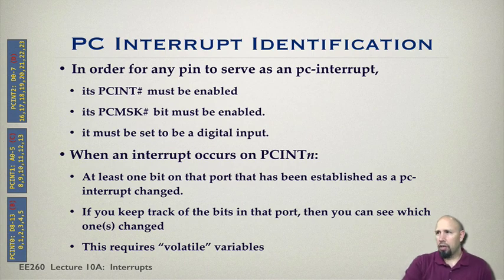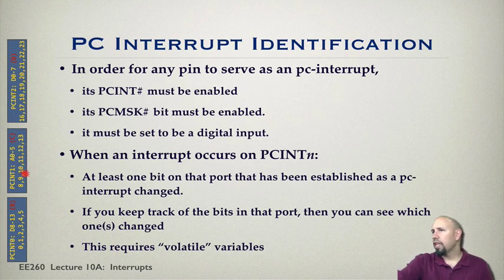Okay, so assuming now that we've enabled this whole bank of them, when an interrupt occurs and calls the vector PCInt1_vect, that interrupt service routine, that means at least one bit among these has been established as a PC interrupt.